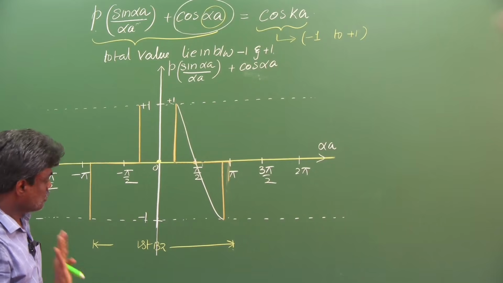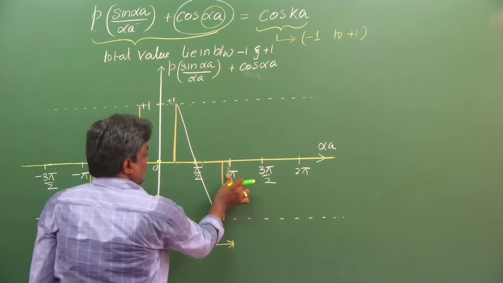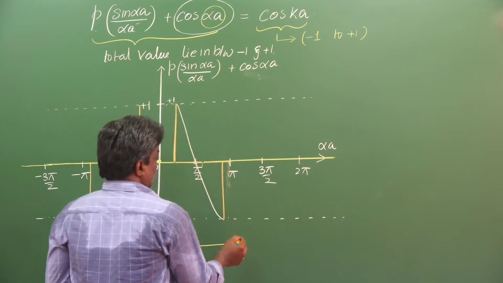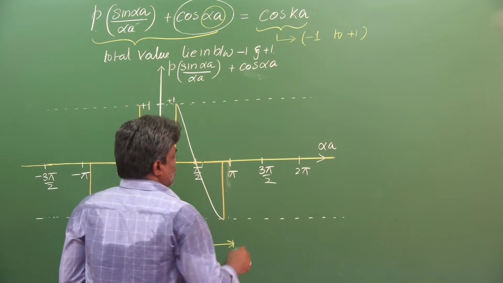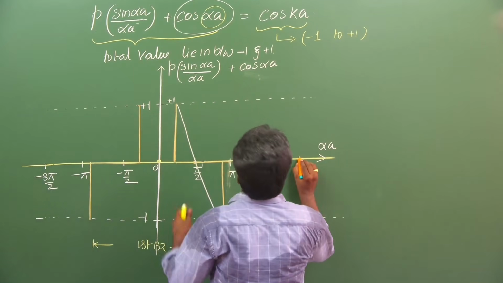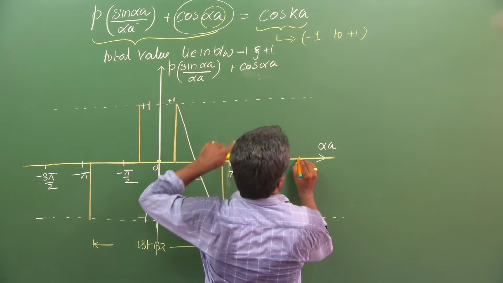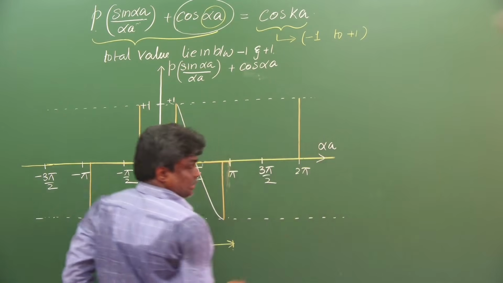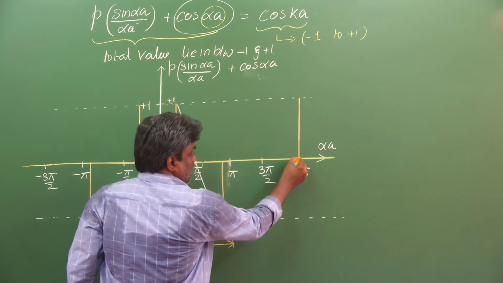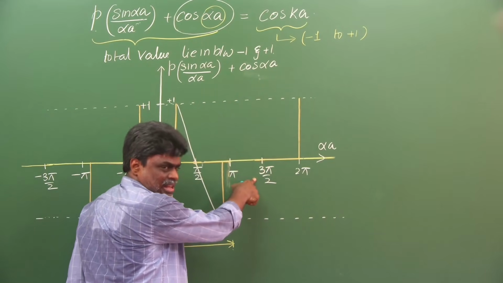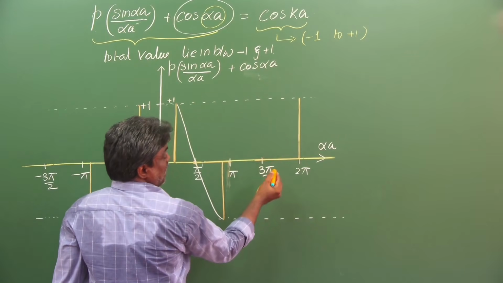Okay, slowly. Next, ready? One more we will take. So 2 pi, cos 2 pi is 1, plus 1, and nearly coming towards 3 pi by 2, cos 3 pi by 2 is 0. Is it okay? Next.